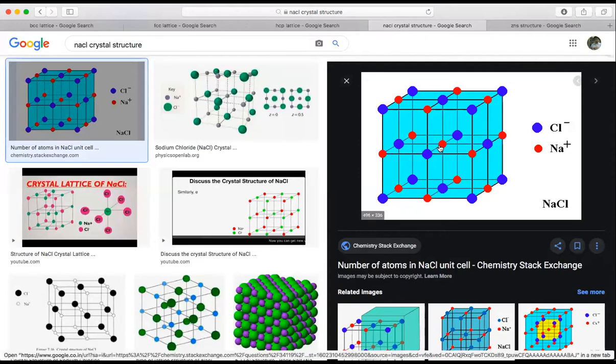So one set of atoms is sodium, the other set is chlorine. Again, you see it has a cubic structure. But then, how do you define your lattice? As you can see, the blue atoms form an Fcc lattice. The red ones also form an Fcc lattice.